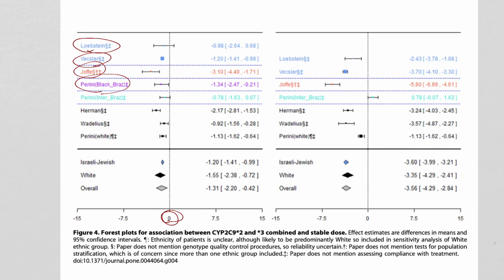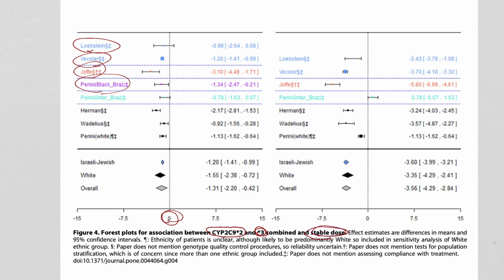Does the genotype, in this case CYP2C9*2, is the CYP variation, and there's also a *3. Those are 2 different SNPs that are associated with that gene. Do those genetic variations change something called stable dose?